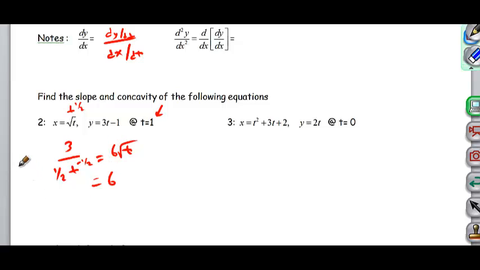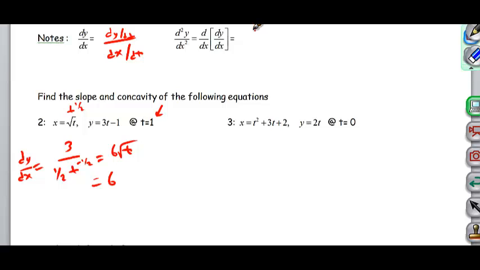Now, one of the things you see here is our dy dx, or our slope, is in terms of t. So when we do our second derivative, what a lot of people want to do is just do the derivative of this a second time, and we get our second derivative. The problem is we want to do our second derivative in terms of x, and this is not in terms of x, this is in terms of t. So what we have to do is the exact same thing.